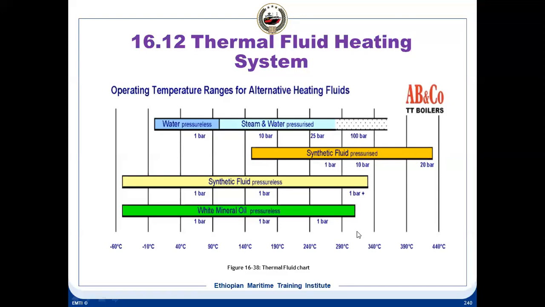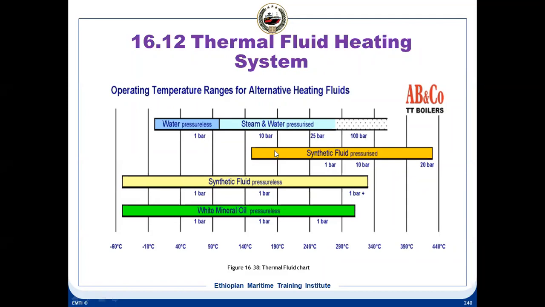Because to have a 100 bar boiler and all the associated piping and machinery in the engine room capable of handling 100 bar pressure, you would require very thick and heavy equipment and piping also.